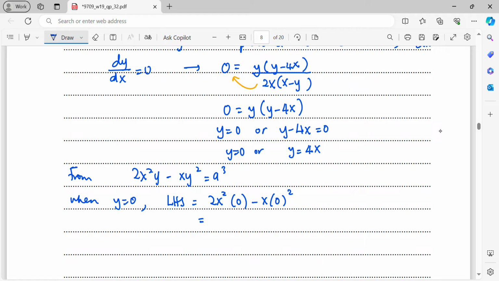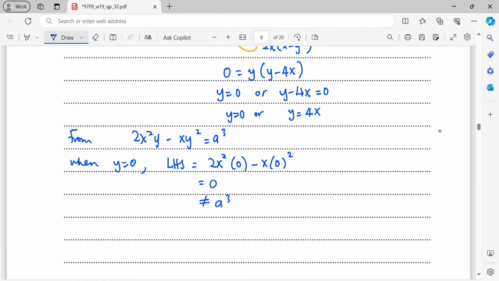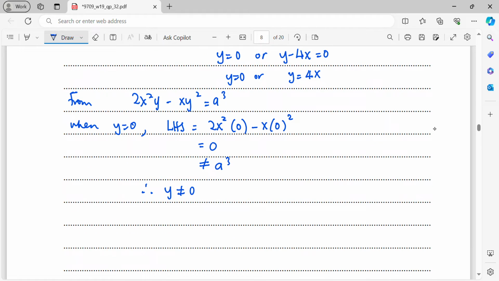So basically it is 0. So it is not equal to a cubed, which means the y cannot be 0. Okay, so now I will just accept y equals 4x. Hence, y equals 4x.